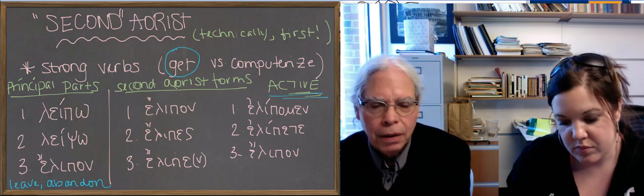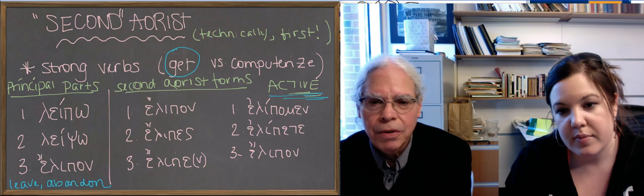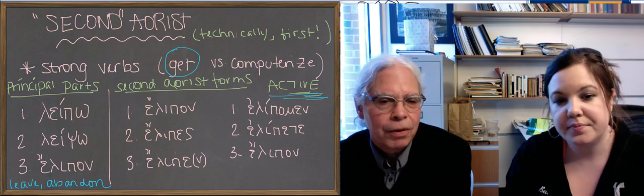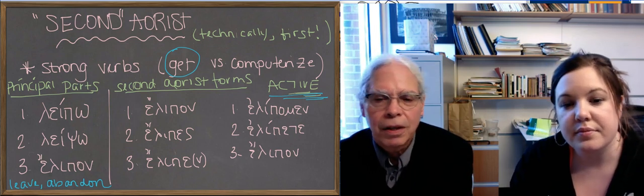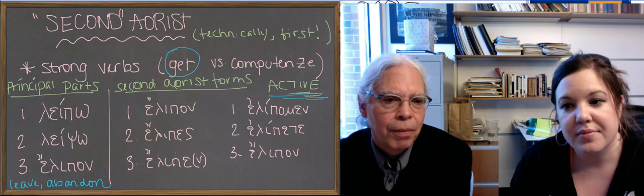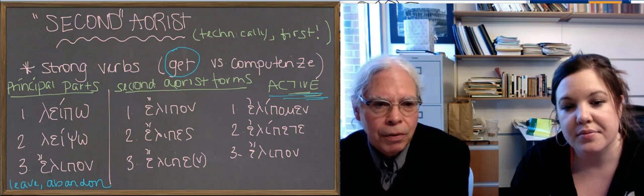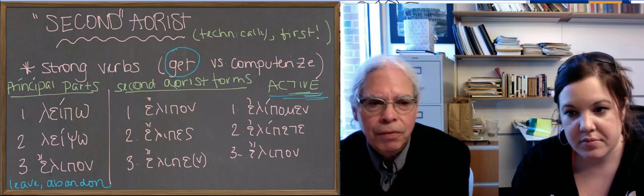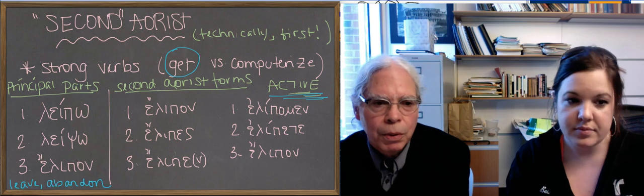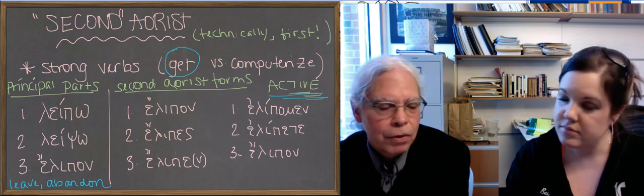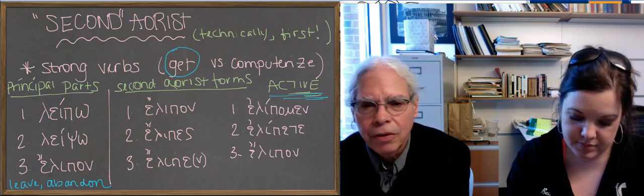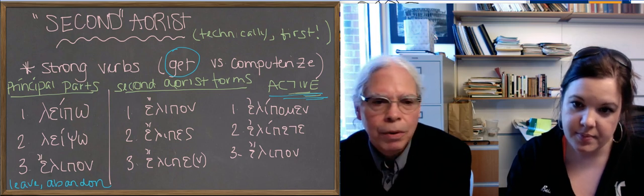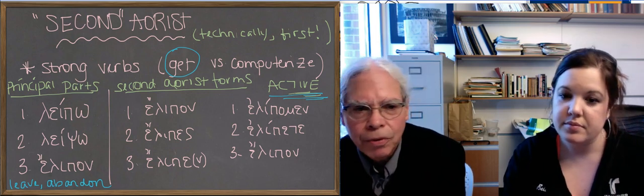The middle forms of this second aorist are easy, and we want you to look at them in the book instead of taking up your time with a video about them. But if you notice, the first principal part, the present, is lepo, and the root is lep, just like any other verb. The future is lepso, in which you add the S to make the future. And there's nothing different about those forms from luo and paideo and pempo and so forth.